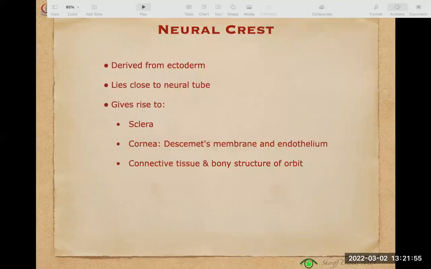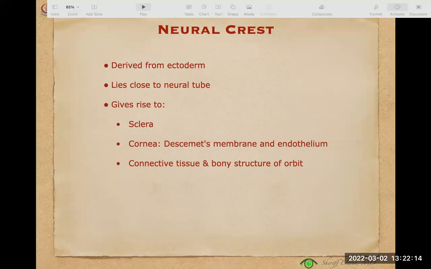Now the neural crest. The neural crest is derived from the ectoderm, and it lies close to the neural ectoderm, and it gives rise to the sclera, parts of the cornea, and the connective tissue and bony structures of the orbit. So the neural crest is derived from the ectoderm.